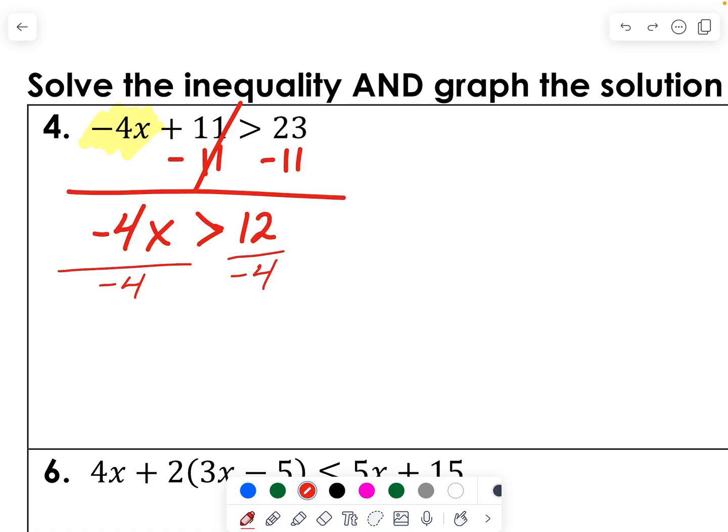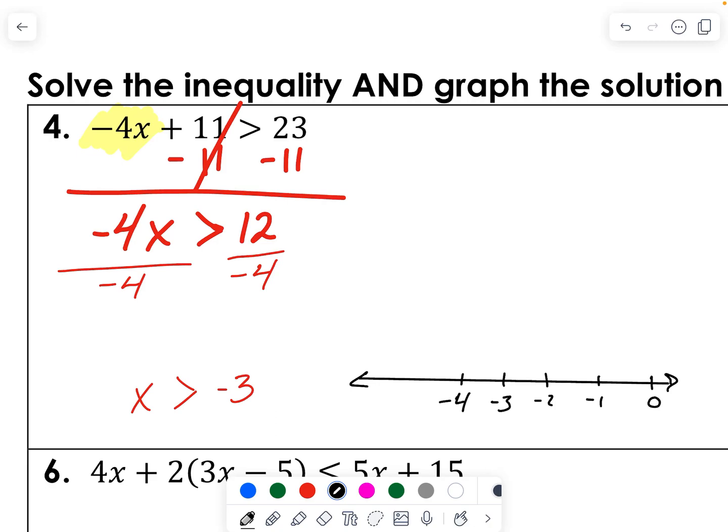Here, I would get x is greater than negative 3. Now, I know that's wrong, and I know that this should be switched to be less than. But let's see what would happen if I were to forget and check my work. So here's negative 3. If I were to check my work, greater than negative 3 would be over here.